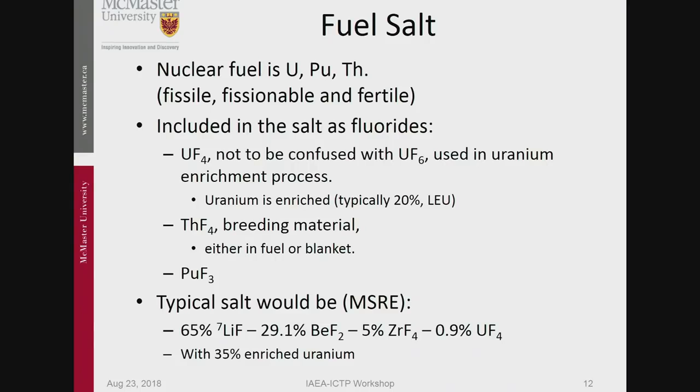But just suppose that there would be oxygen coming into this system. And the oxygen would combine with the uranium here to form UO2, which is all of a sudden not part of the salt anymore. So boing, it would fall to the bottom of the reactor, and it would get very hot because all of a sudden you don't have a fuel salt anymore, doesn't flow anymore, and all kinds of nasty things happen.